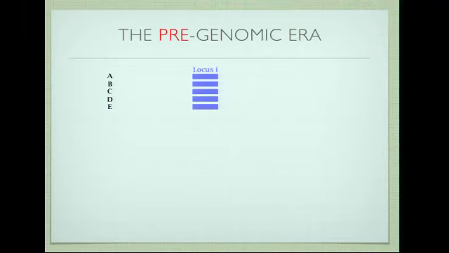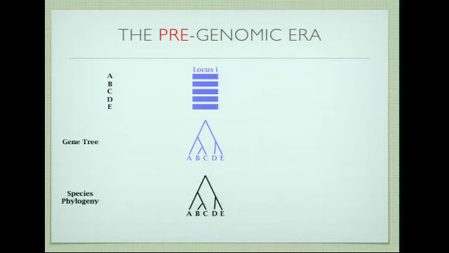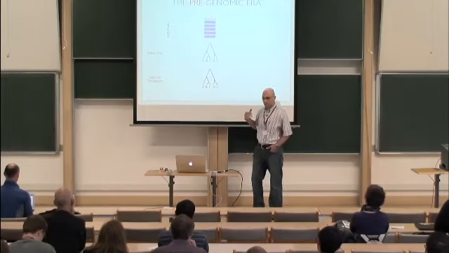If we ignore the fact that gene trees might disagree with the species tree, we go to the pre-genomic era, where to reconstruct the species phylogeny, one would focus on a certain locus in a set of species of interest, like A through E, then sequence that locus and build the gene tree. The assumption is that the gene tree equals the species tree. In other words, once you build the gene tree, you say, here's my species tree.